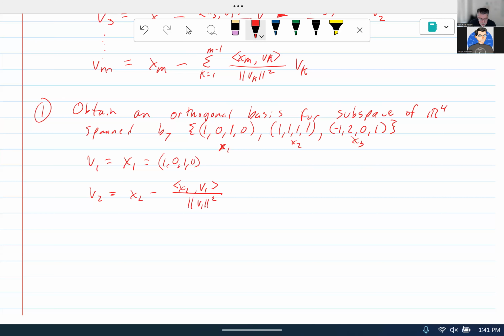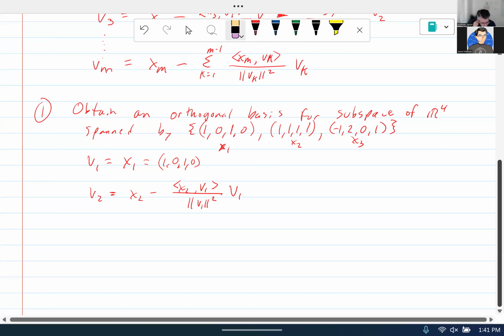I keep saying magnitude, it's the norm, sorry. I keep switching between physics and math, and so it's hard with the terminology. But I'll get it. Times V1, and so that's V2.